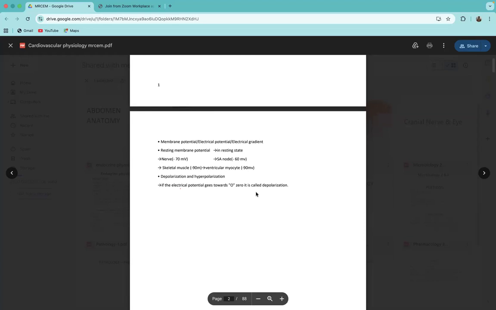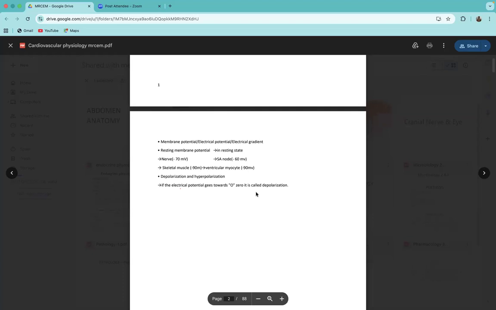For different membranes in our body it is a different amount. For nerve, the resting membrane potential is minus 70 millivolt. For the sinoatrial node, it is minus 60 millivolt. For skeletal muscle it is minus 90 millivolt, and for ventricular myocyte it is also minus 90 millivolt.